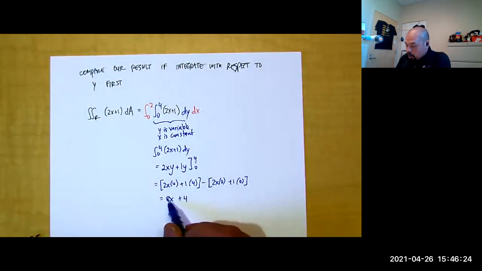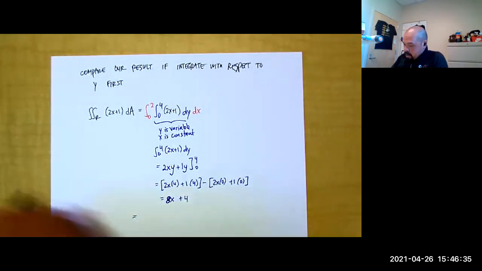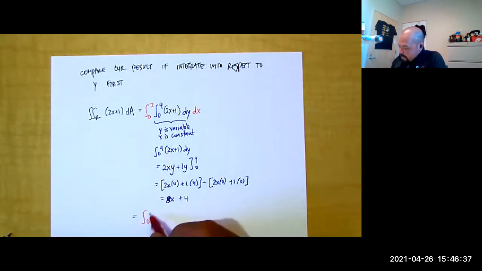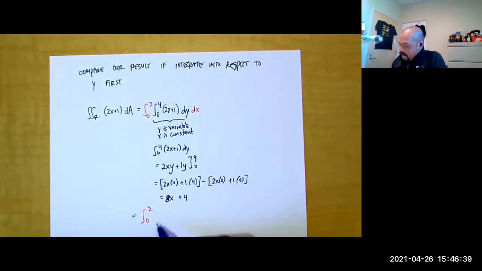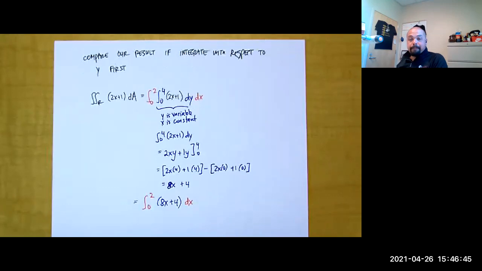So there's my expression. Notice that result still has a variable involved. It's not a constant like last time, but that's okay. Because now we're integrating with respect to x last, and that 8x plus 4, having that x variable, is going to be okay.